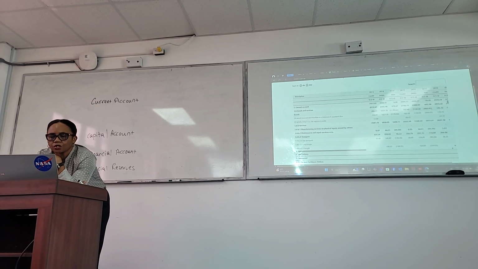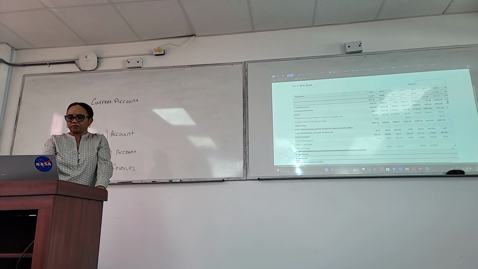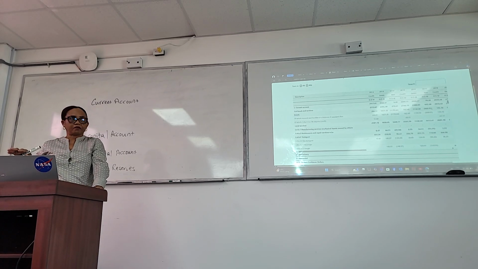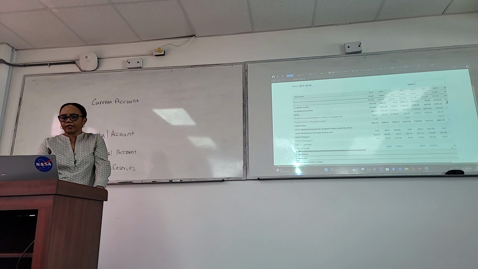Now, when you look at manufacturing services on physical inputs owned by others, nothing there. All right, maintenance and repair services, nothing there. Sorry, those are very small. 5.37. Okay, those are very small. When you look at goods, let's go back up to goods.